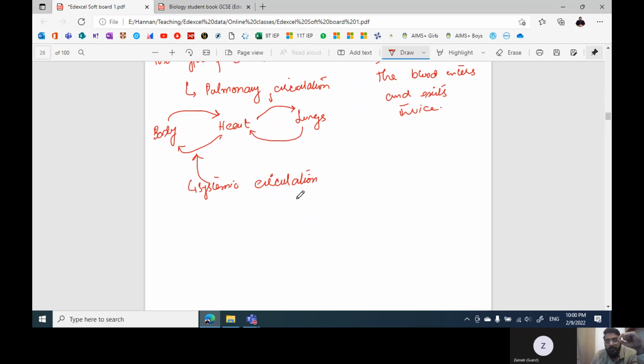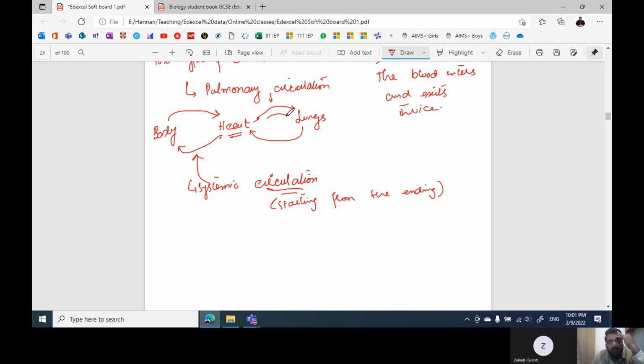Now let's repeat our concept of circulation. Circulation means starting from the ending point. Ending and starting point both are the heart. Pulmonary circulation means the blood would take an exit from the heart towards the lungs and then would return to the heart.